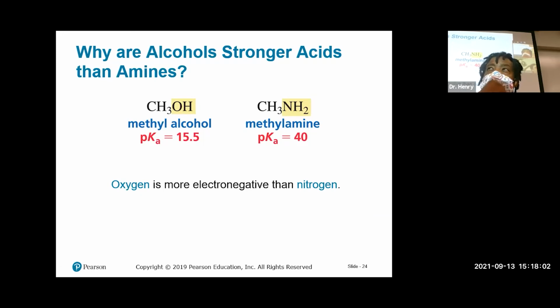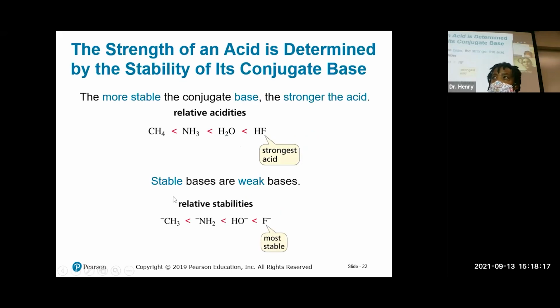Okay, so why are alcohols stronger acids than amines? Now, if we just said, based upon this, right? So strongest, weakest, right? So alcohols, why are alcohols stronger than amines? Because it has an OH, okay?